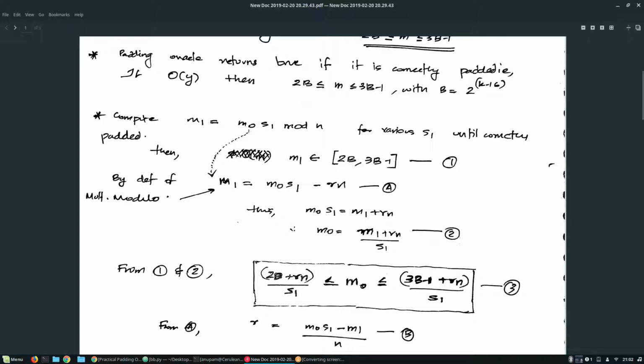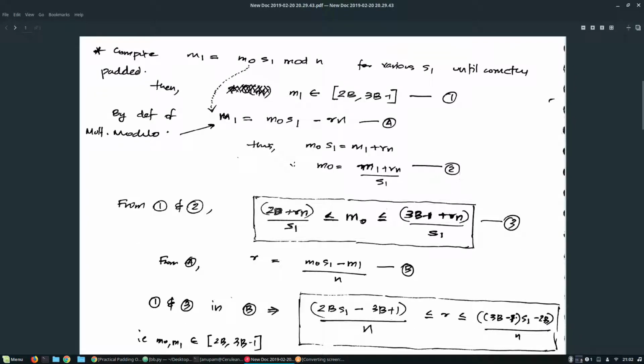So using equations 1 and 2, we can find out that m0 lies between 2b plus rn by s1 and 3b minus 1 plus rn by s1. So we basically substitute the lower and upper bounds of m1 in this particular equation number 2, and we get the interval in which m0 lies.